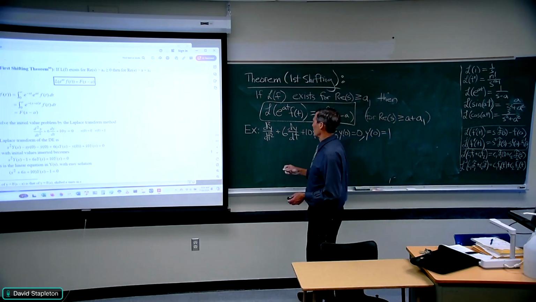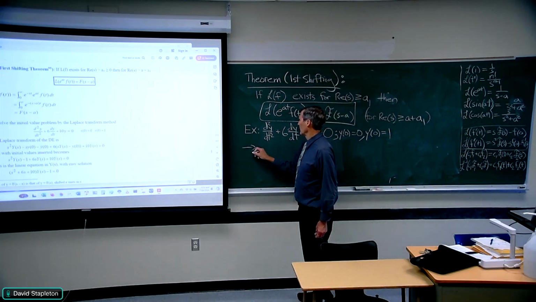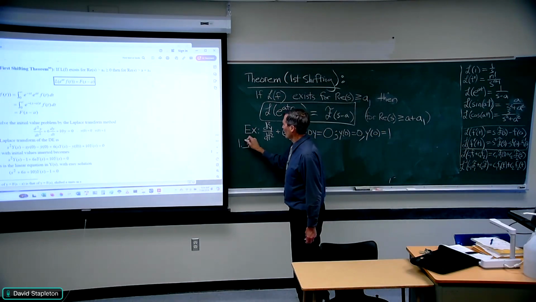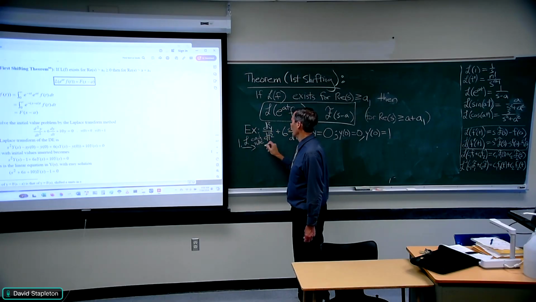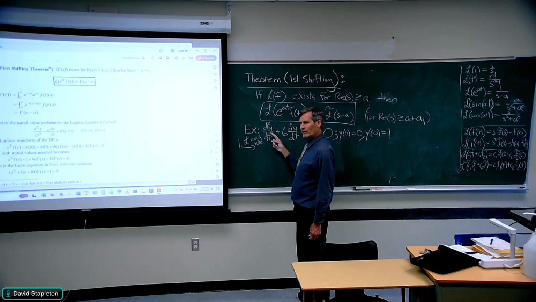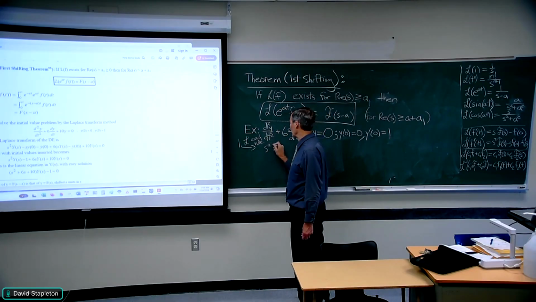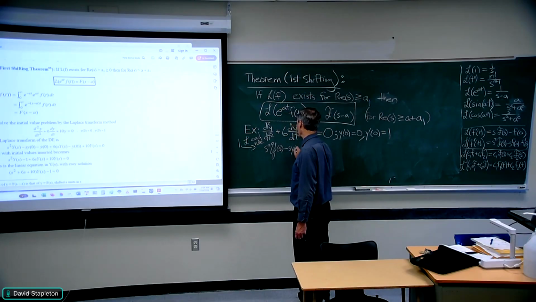If I take the Laplace transform of the left, what do I get? I take L of each side. I'll write this in brevity now. What's the Laplace transform of the second derivative? From the theorem, it's s squared times the transform of y minus s times y of 0 minus y prime of 0.